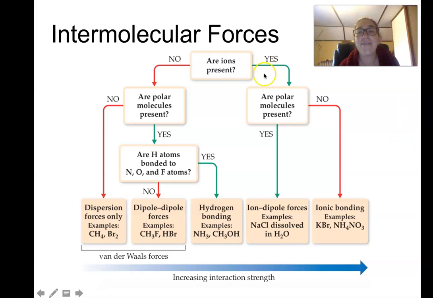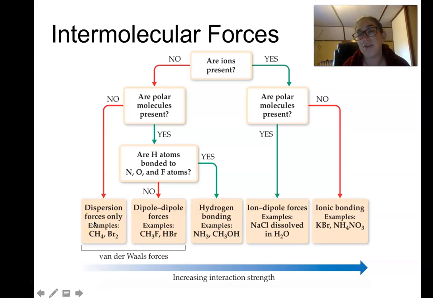All right, if so, then you can end up with ion-dipole forces if there's a polar molecule there. But a lot of times ions will not be present. So then you have to ask, well, are there polar molecules there? So if we don't have ions that have a full charge, do we have anything with a partial charge? No? Okay, then we're just talking about a nonpolar molecule.